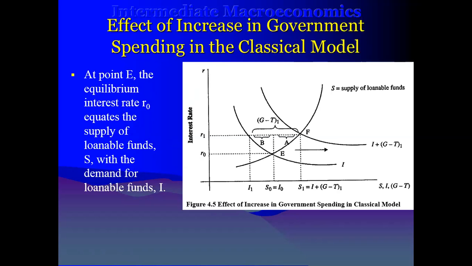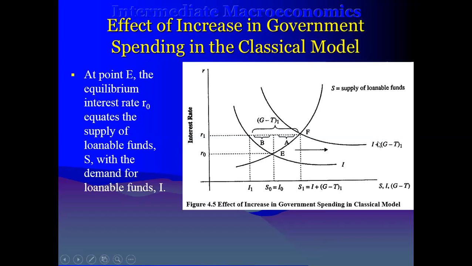We said initially that in the loanable funds market, the demand for loanable funds is the investment function, and the supply of loanable funds is the savings function. When they come together, that's this point E, and we get our equilibrium interest rate. But we said that there's another component of the demand for loanable funds called the bond-financed government deficit. That's the G minus T.